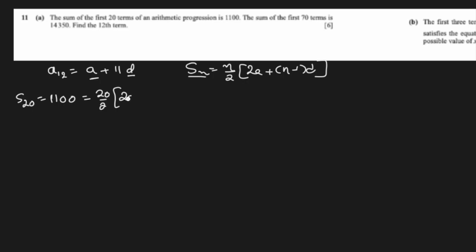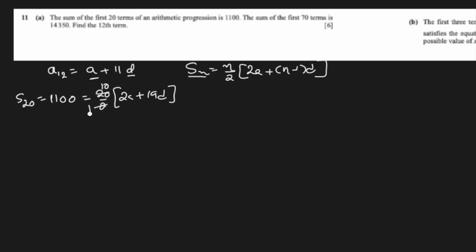The formula for sum of n terms is n over 2, 2A plus n minus 1 D, right? And this is what we will use here. So for sum of first 20 terms, S20 is 1100, which is 20 divided by 2, 2A plus 20 minus 1, 19D, 10.